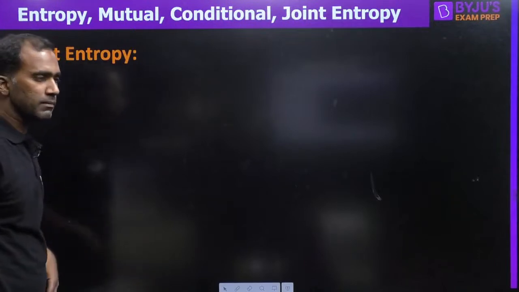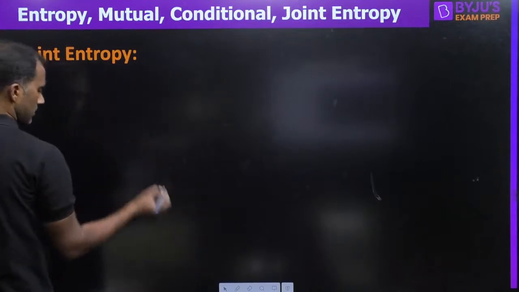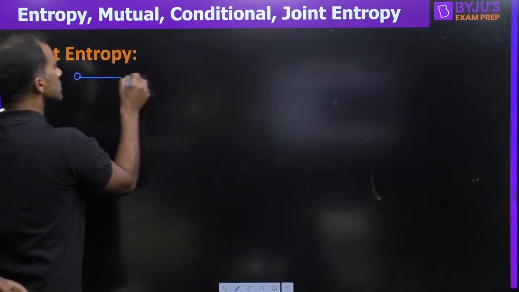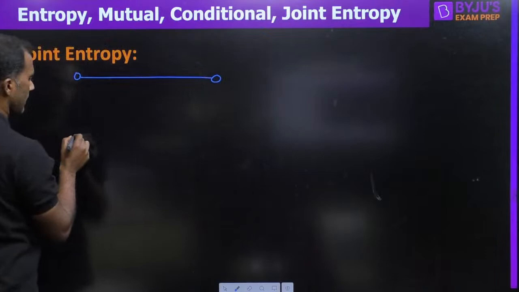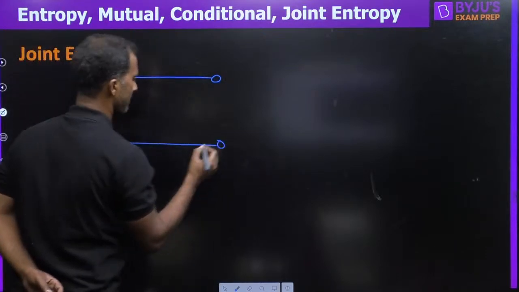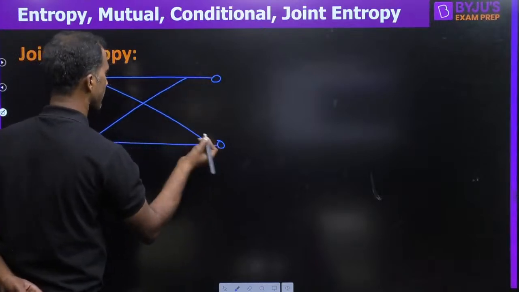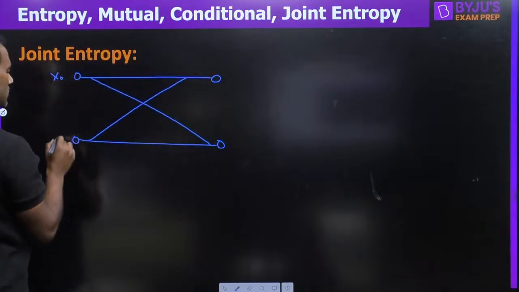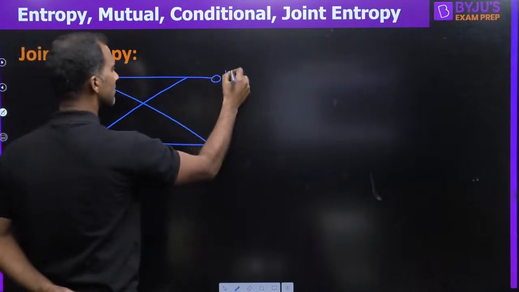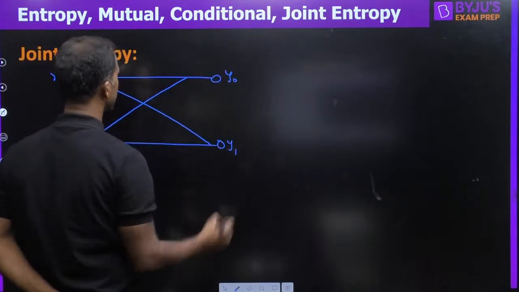These things can be applicable to any binary channel. Right, so let me draw a binary channel first. So x0, x1, y0, y1.